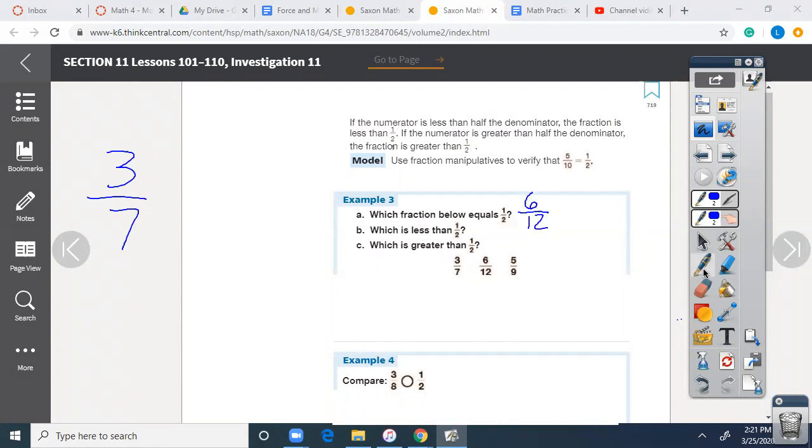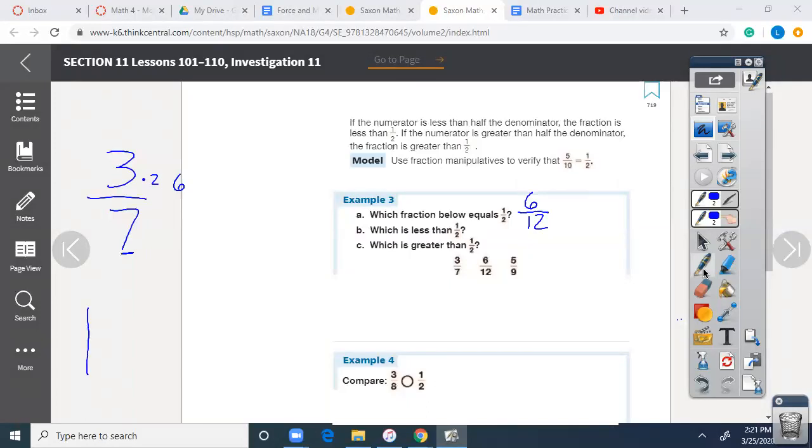So let me show you another way that you can do it. 3/7, we are going to multiply this by 2, and we get 6. Because 6 is less than 7, that's how we know that 3/7 is less than 1/2.